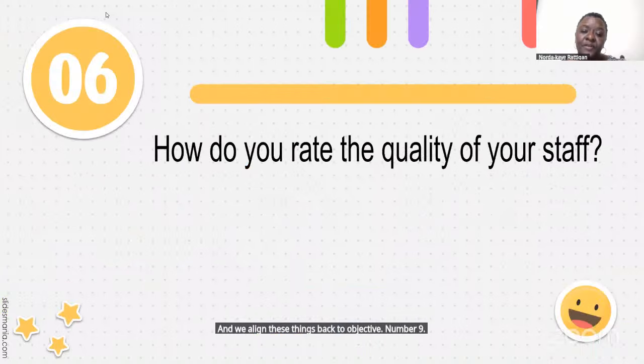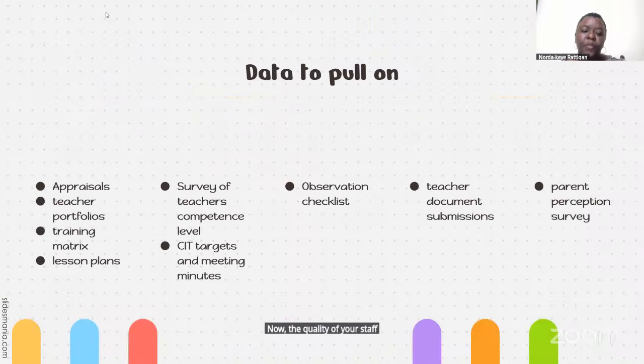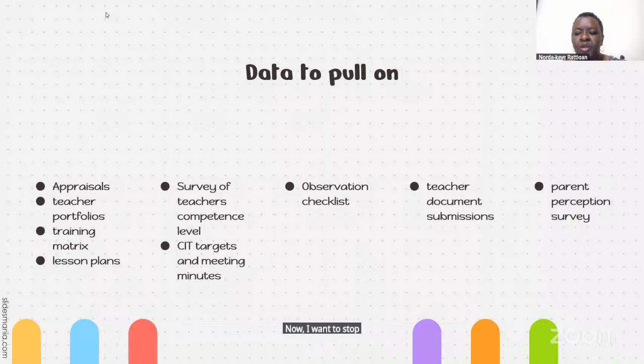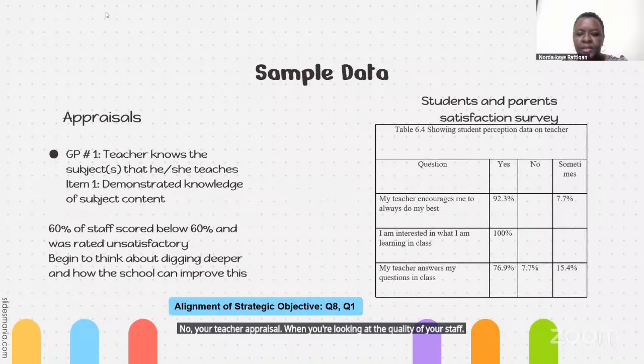Now, the quality of your staff: appraisal, teacher portfolio, training matrix, lesson plans. Now I want to stop just to expound on some of these. Your teacher appraisal, when you're looking at the quality of your staff.